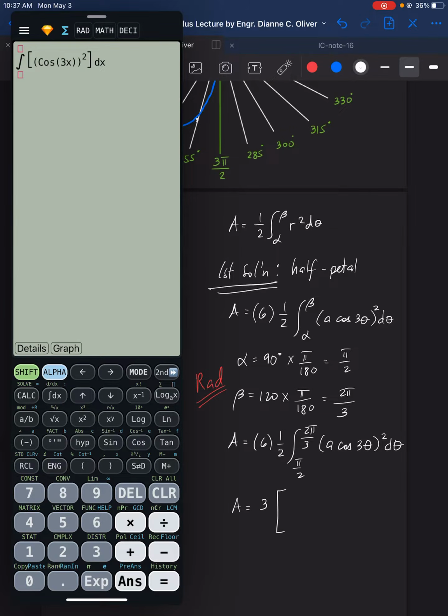We have there shift pi over 2, then 2 pi over 3, 2 shift pi over 3 equals pi over 12.